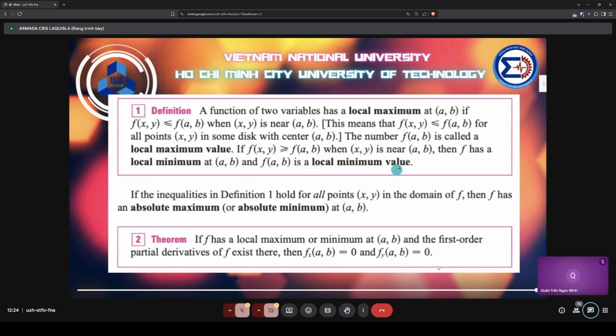So when x, y is near a, b, then f has a local minimum at that point a, b, and f of a, b is a local minimum value.